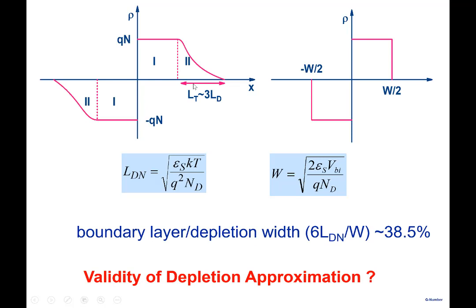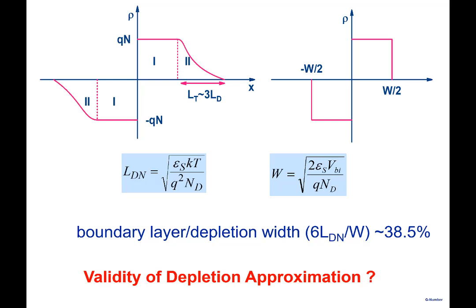All right. Now note what happens here. If I look at this 3 L_D here and 3 L_D here, the total transition region width comes out to be 6 L_D. And 6 L_D, if I divide by W, what I find is 38.5%.